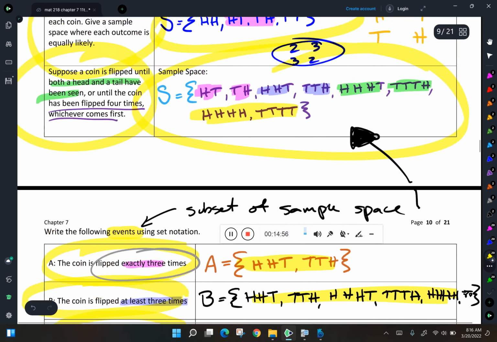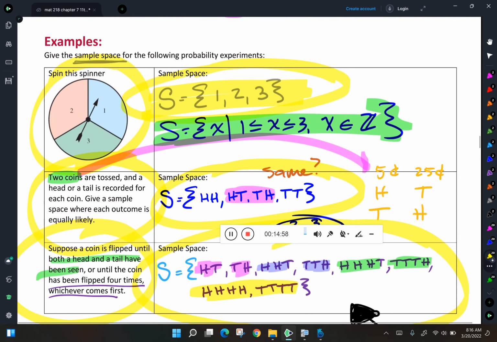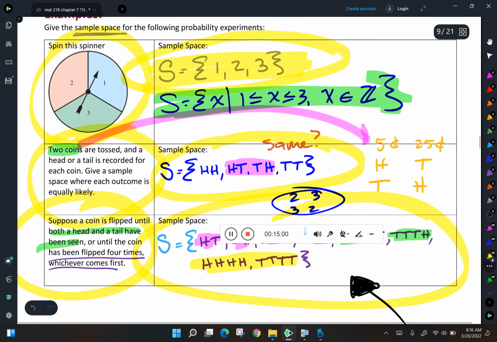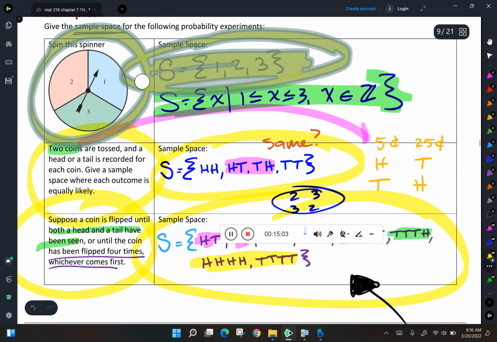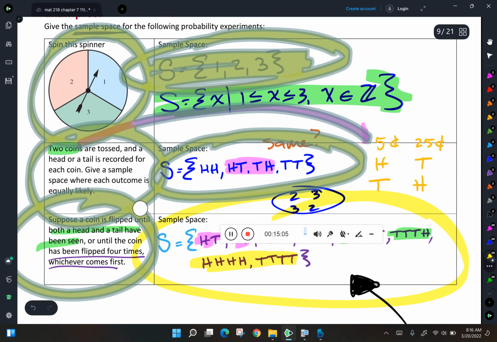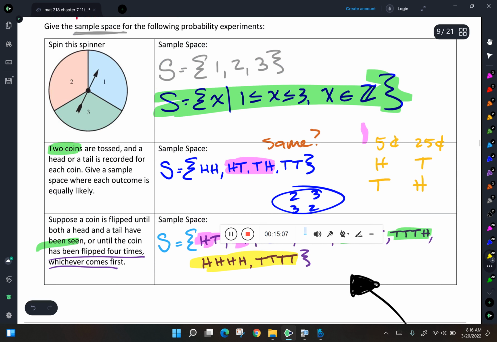So I'm going to go back up here and take a look at some things. Now, I'm going to erase a bunch of highlighting that I did here to clean this up a little bit, but I want to go back and take a look at some of these. For example, I'm going to look at the spinner example. The spinner experiment has an equally likely outcome sample space.